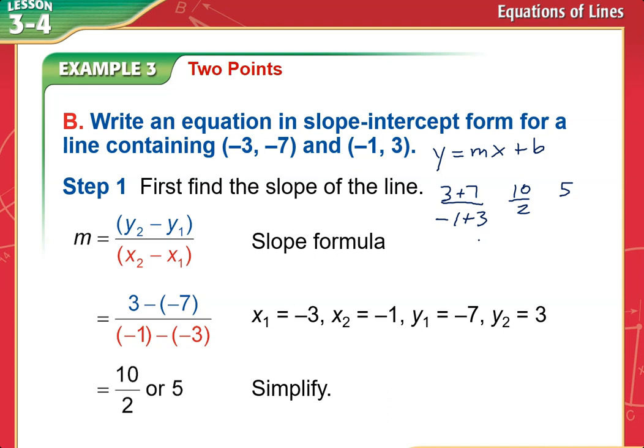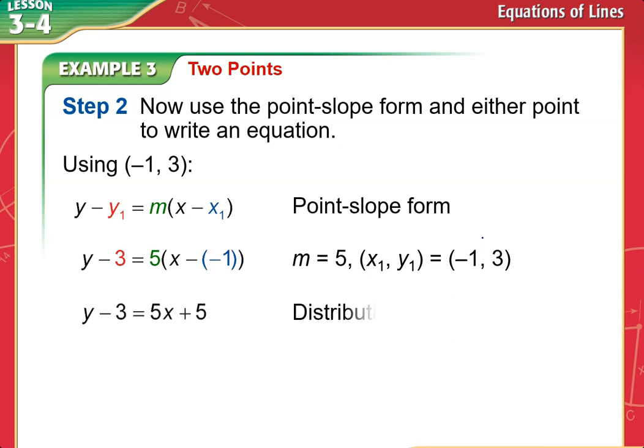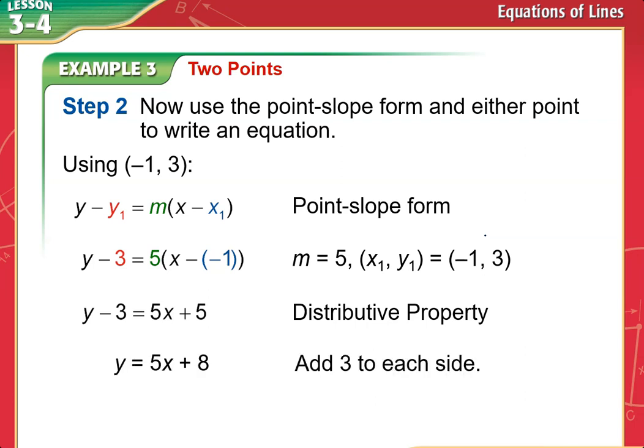Then we're going to use our value of 5 with one of the points, and this time we'll use -1, 3. And we'll put it in point-slope form, and we use our distributive property, and we get 5x plus 5, and we'll add our 3 to the right-hand side, and we end up with 5x plus 8 as my final answer.